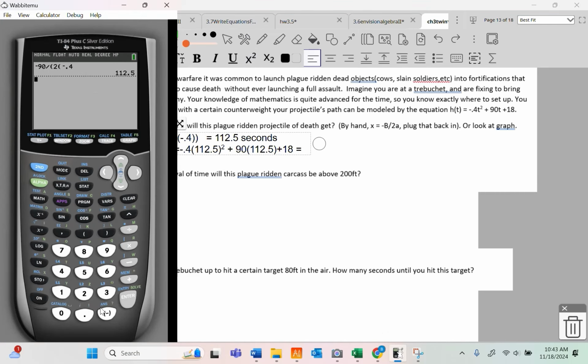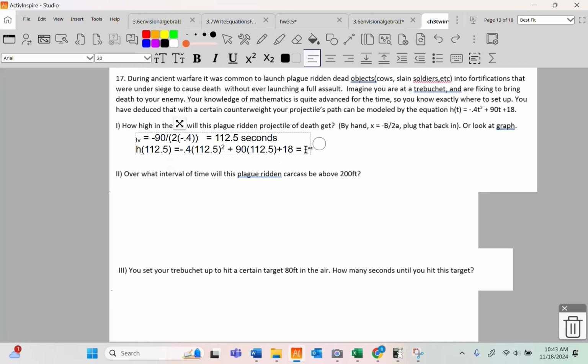Let me use a storage feature. I'm going to store that to x. I'm going to type in the original equation, -0.4 x to the second plus 90x plus 18. And I get 5,080.5.